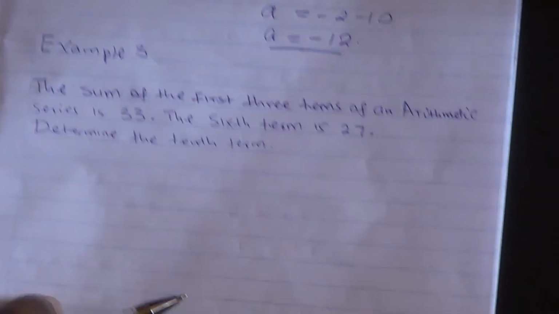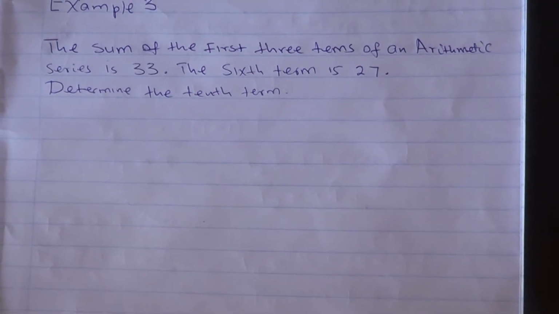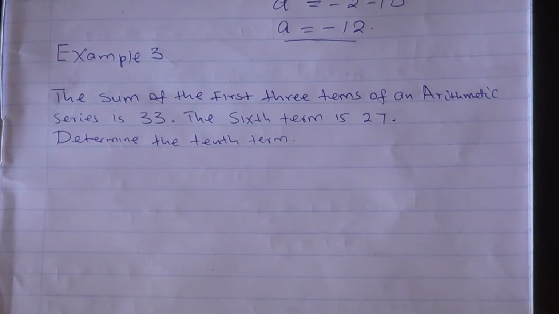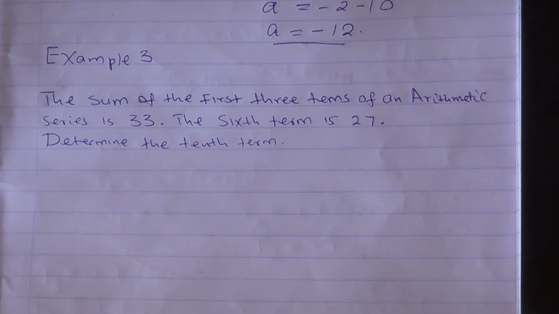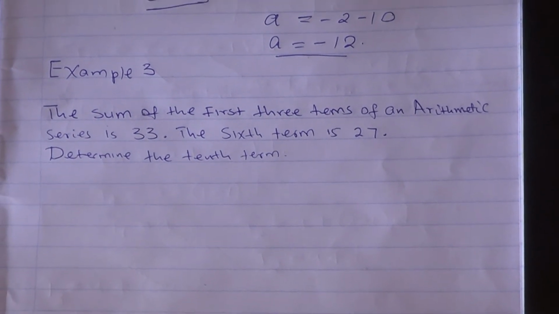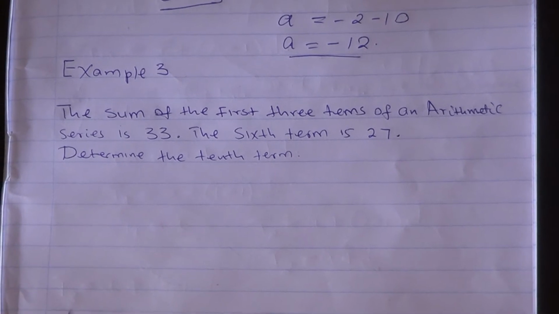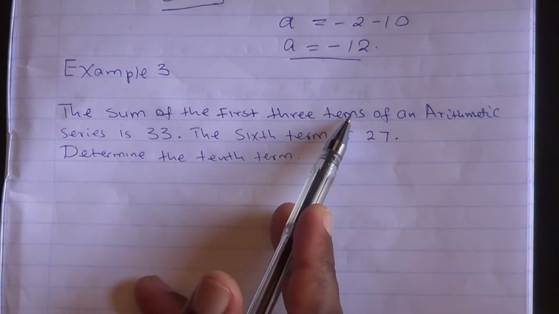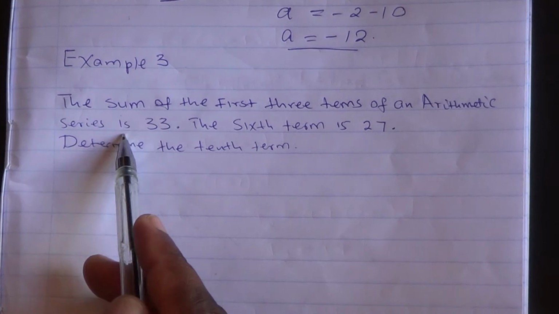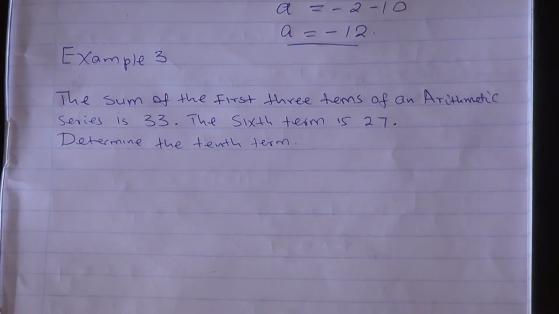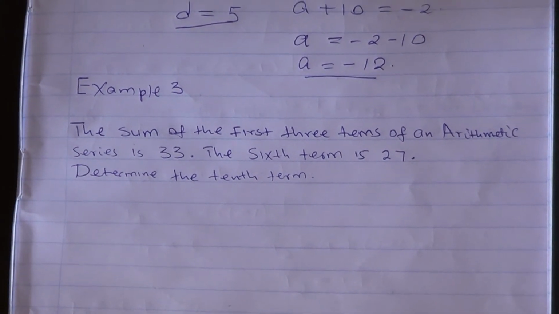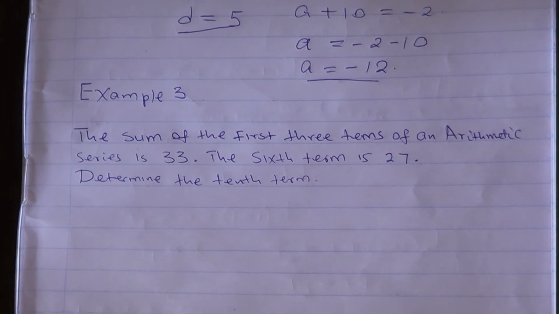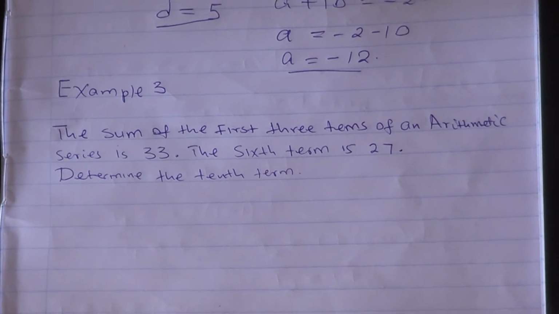Now let's go to the third example. You can look at it before we answer it. The sum. Remember, the word sum means to add. The sum of the first 3 terms of an arithmetic series is 33. Now I'm giving you a foretaste of arithmetic series before we go to arithmetic series.